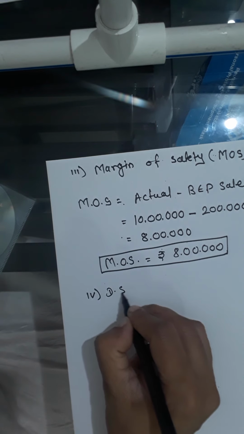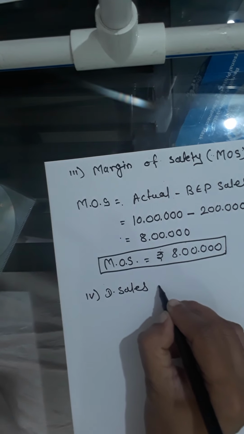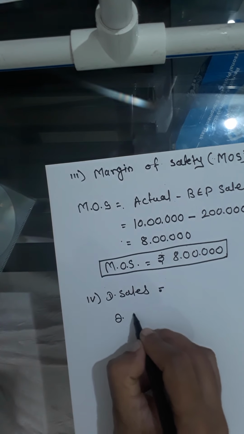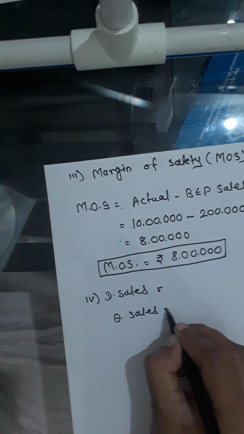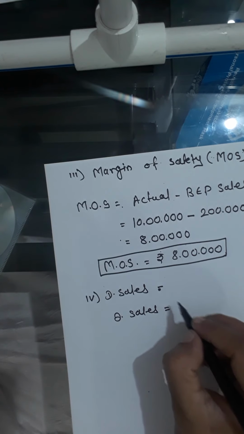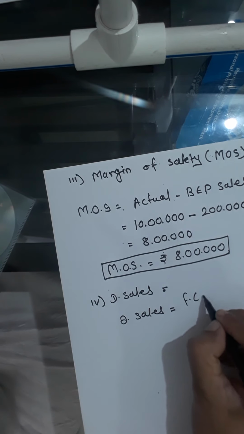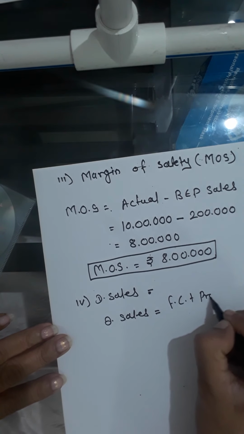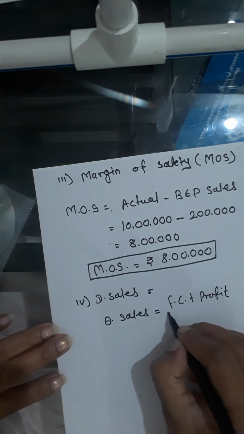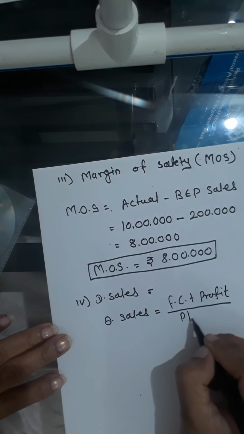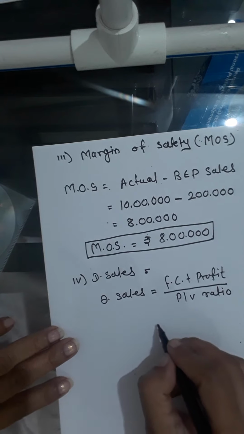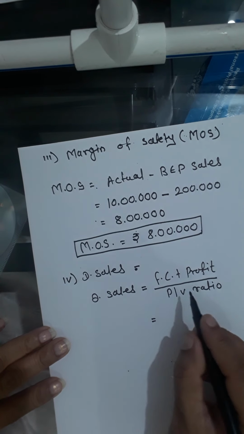Desired sales is equal to fixed cost plus profit upon PV ratio. What is the value of fixed cost?